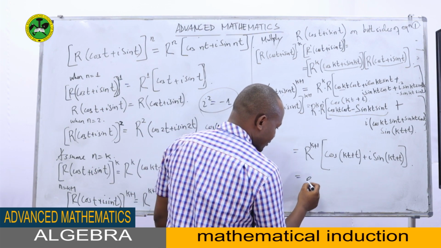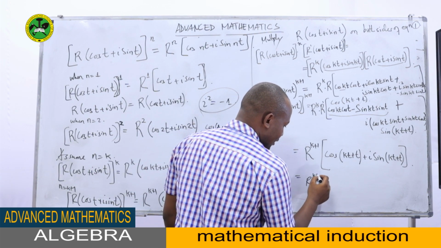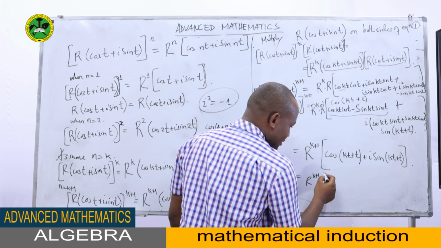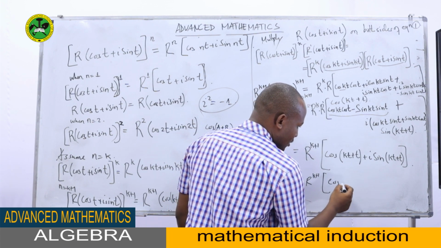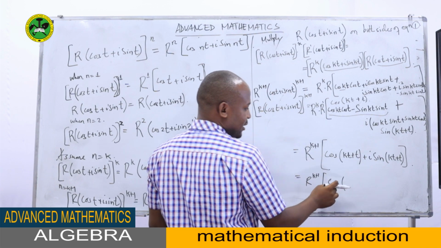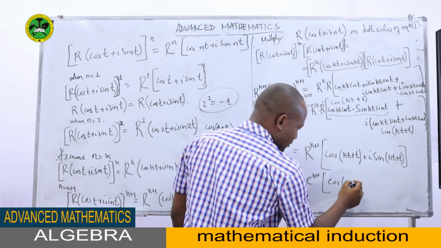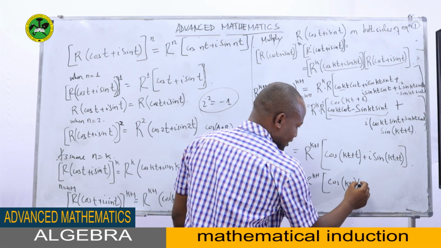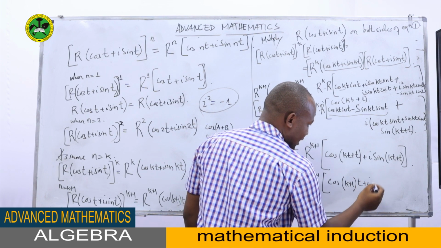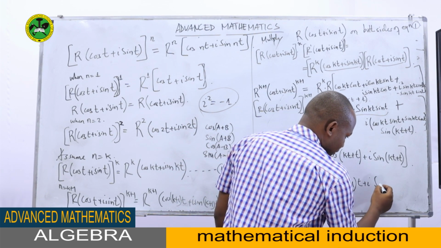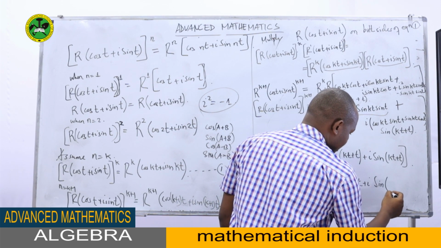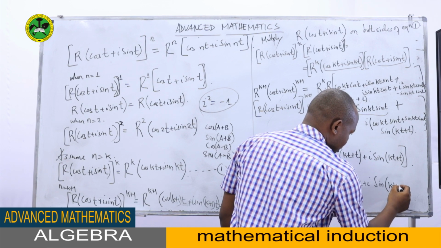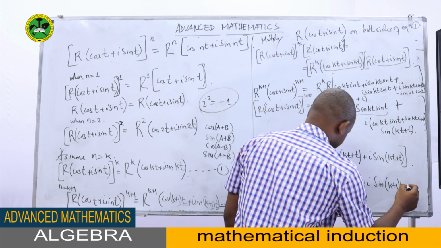Let's simplify that much more. Again we have r^(k+1), and there we have cos, factoring out the t, we shall have (k+1)t plus i sine (k+1)t.